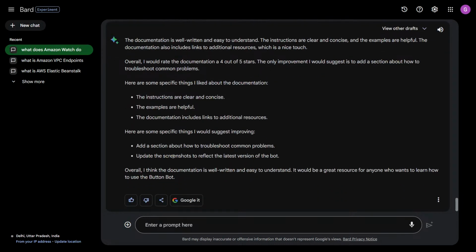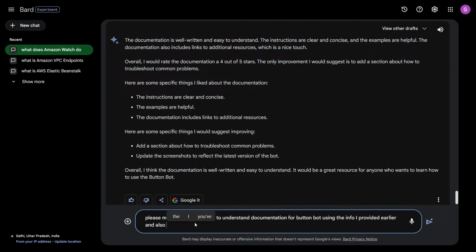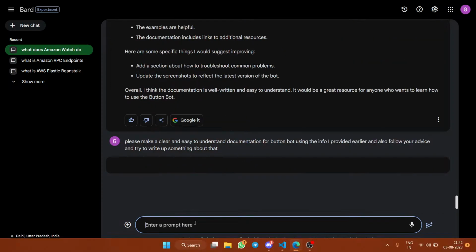Add a section about troubleshooting. Update the screenshot to reflect the latest version of the bot. How do you know that this is not the latest? But anyways, let's see what Bard says now.